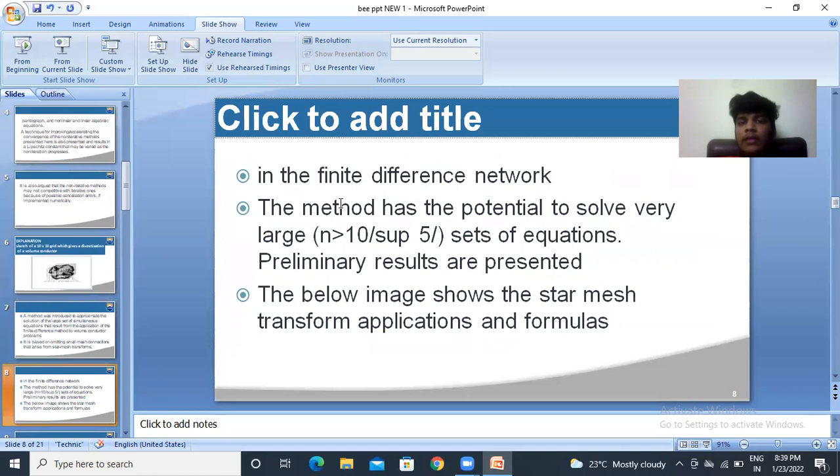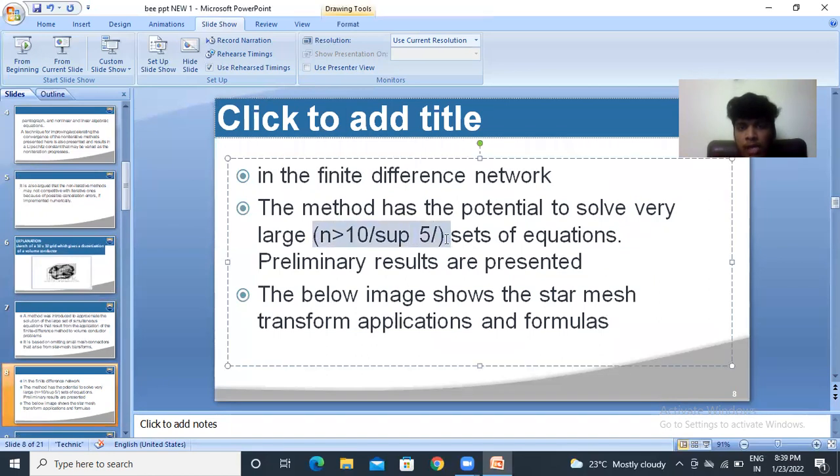In the finite difference network, the method has the potential to solve very large sets of equations, where n is greater than 10^5.